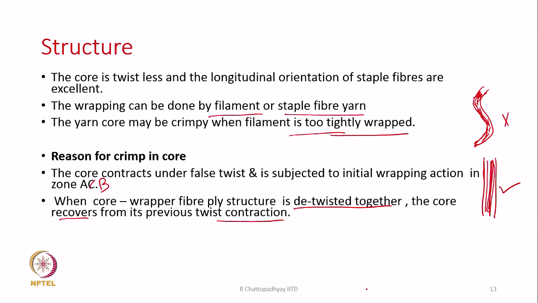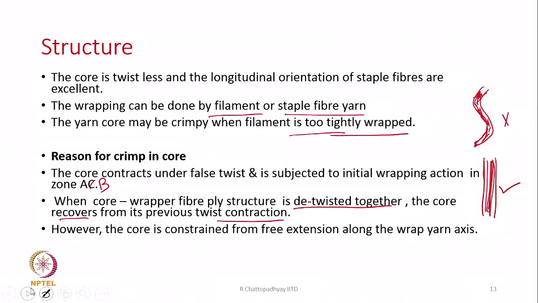So, the core initially was contracted because false twist was there. Now, when it is losing false twist, it will try to recover the length, and now when it is trying to recover the length, there is obstruction to this recovery, because filament wrapping has already started, tight wrapping has already started.